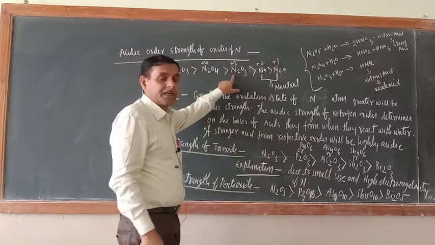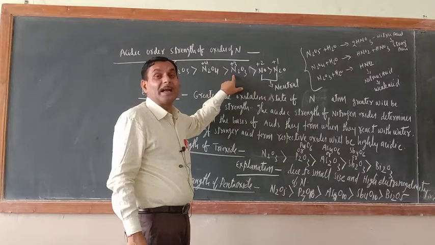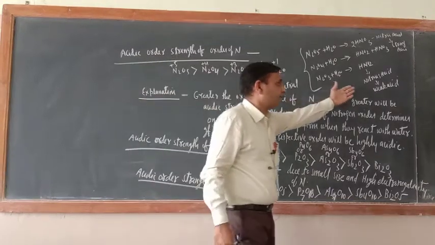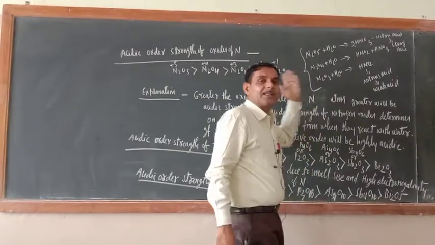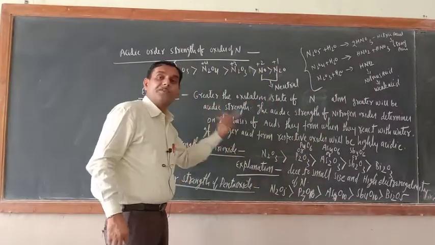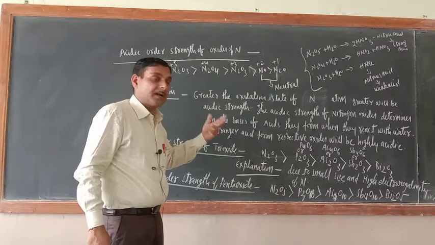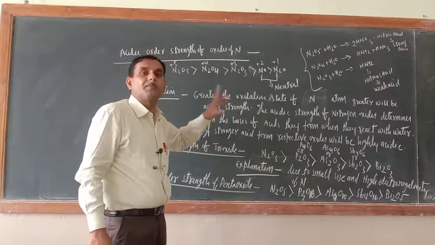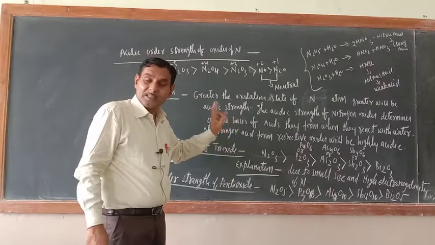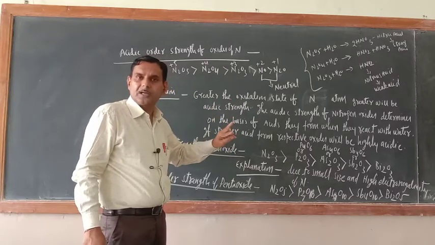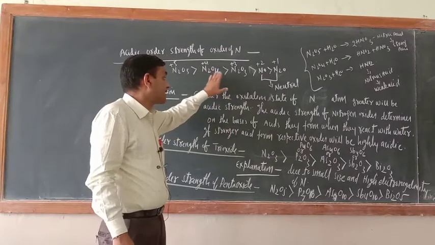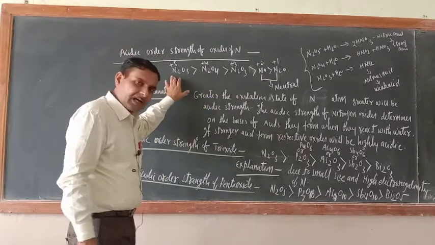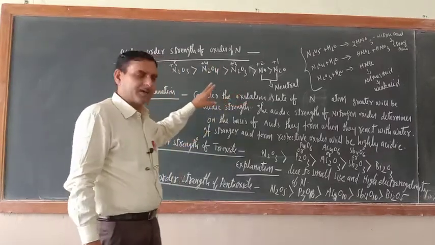Now N2O3 forms only nitrous acid, HNO2, which is a weak acid. That is why N2O3 is a weak oxide of nitrogen. N2O4 forms both, HNO2 also and HNO3 also. That is why it is placed in between N2O3 and N2O5. Weak it is forming, strong it is also forming.